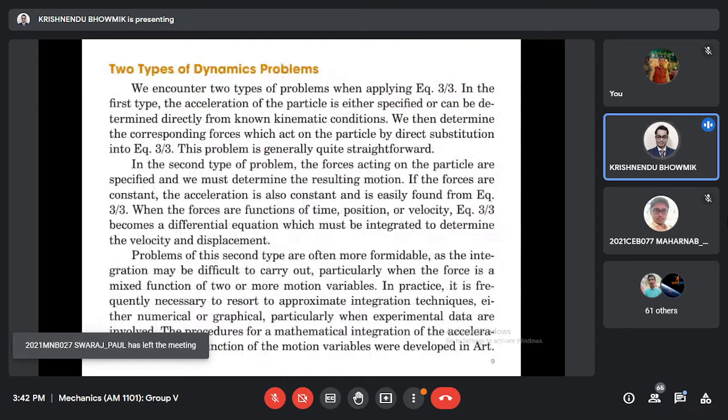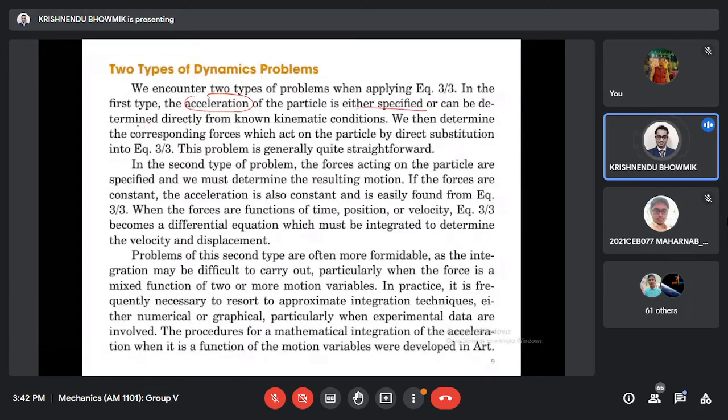Now, for solving this type of problem, there may be two types of dynamic problems. One is where the acceleration of the particle is either specified or can be determined directly from the known kinematic conditions.